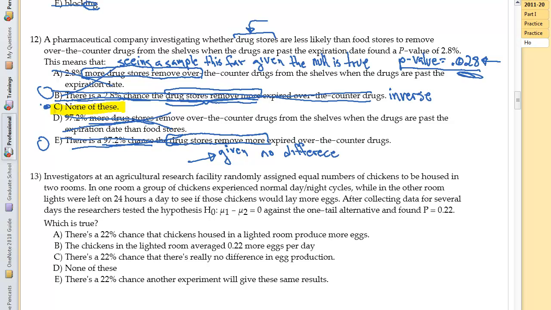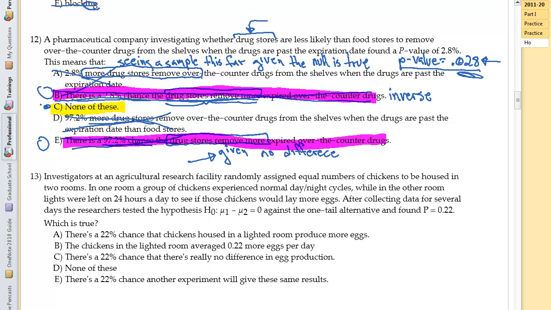All right, and hopefully my language wasn't too convoluted. But this is not the way we write, right? B and E are not the way we write conclusions, and these are sort of conclusions here.